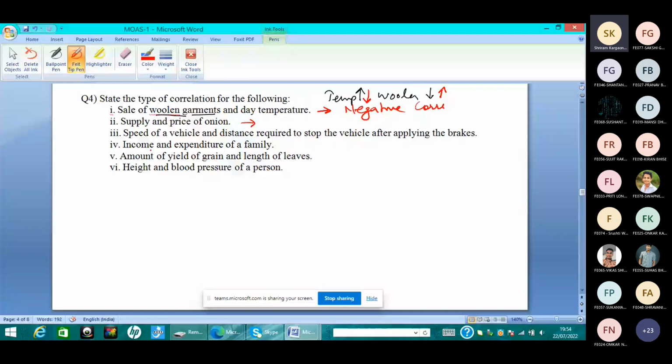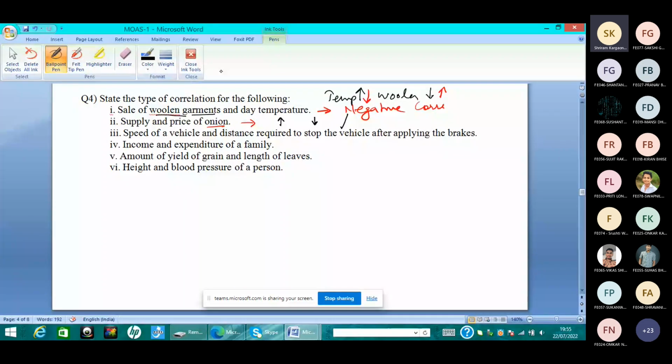Now, supply and price of onion. If the farmers have grown onion in abundance, meaning a good crop, then there is more stock and more quantity, so the price becomes lower, because they have to ultimately sell it. So supply increases, then price of onion decreases. In the market there are lots of onions, and the price is around 10 to 15 rupees per kg.